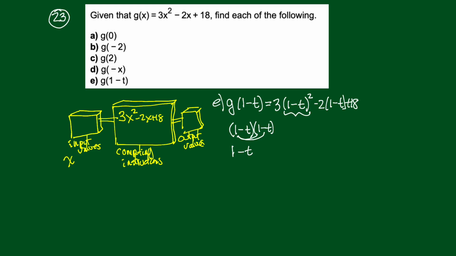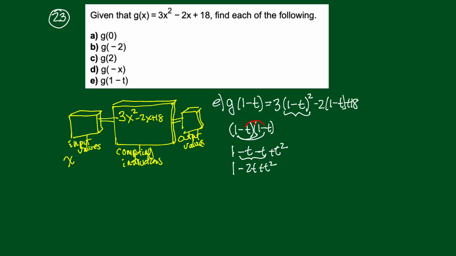Now, come over to here. Negative t times 1 is negative t. And then, negative t times negative t is positive t squared. Now, what have we got? We've got 1, negative t minus another t. I've got minus 2 t's plus t squared.